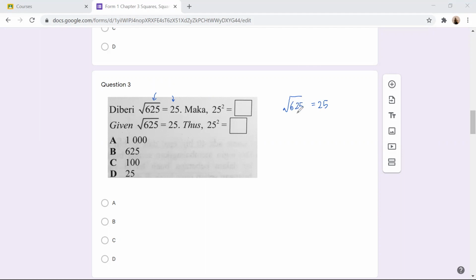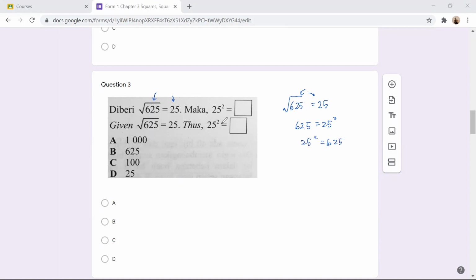That means if the square root of 625 is 25, and we bring the square root across to the other side, it will become squared, 25 squared. And over here, the square root is already brought over. We are left with 625. Therefore, we get 25 squared equals 625.